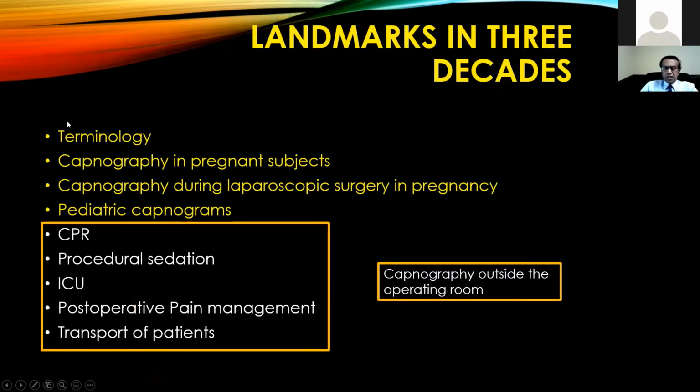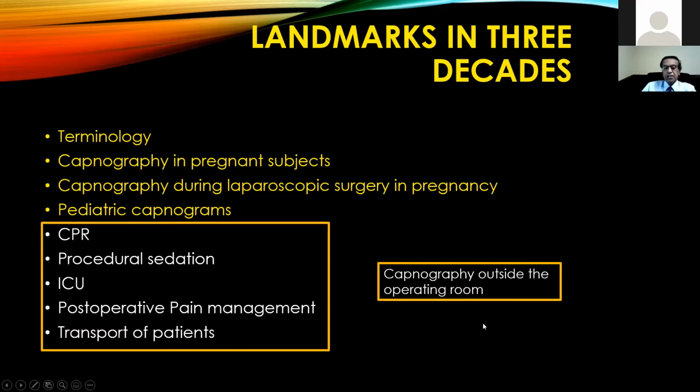So these are some of the landmarks that have happened in the anesthesia-related areas of capnography. Now, these are the other areas where capnography has become popular, particularly CPR, procedural sedation, the intensive care unit, postoperative pain management, and transport of patients.